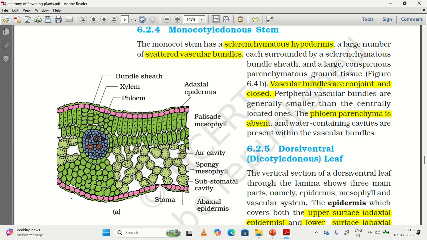So this is the adaxial epidermis or the uppermost epidermis, and this is the abaxial epidermis or the lower epidermis.